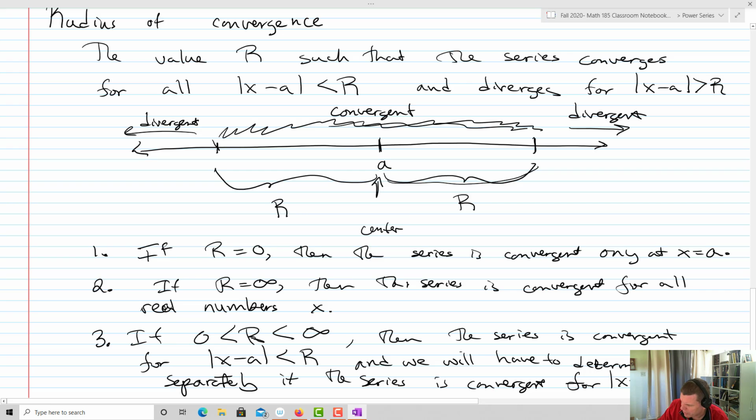So we'll know that for less than r it's going to be convergent, but for x minus a equal to r, we're going to have to figure that out. Okay?